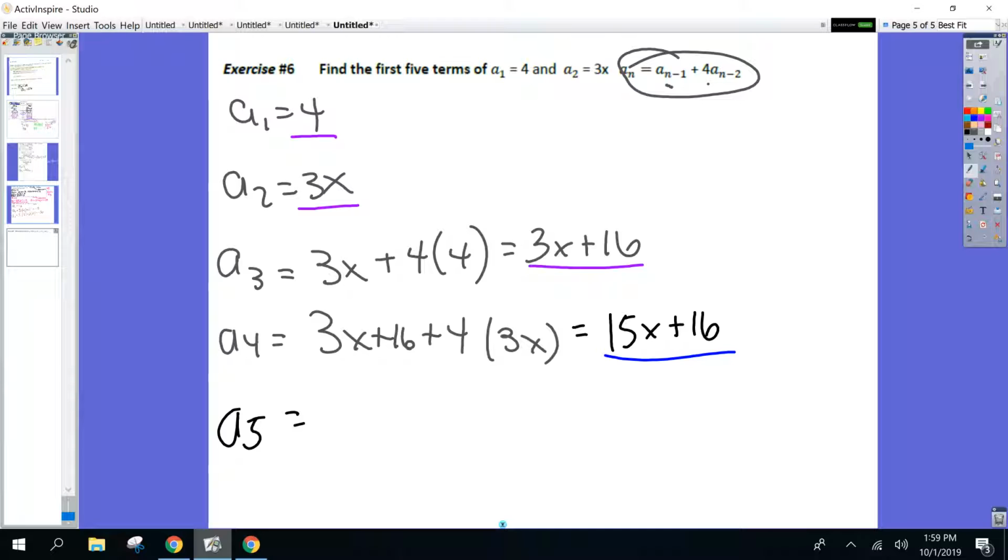Previous term plus 4 times the term before that. There you go. Whoa, easy, boss. Distribute the 4, combine your like terms. Go ahead. We do, yep.